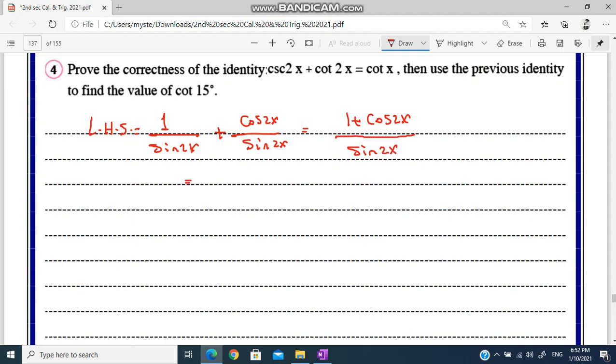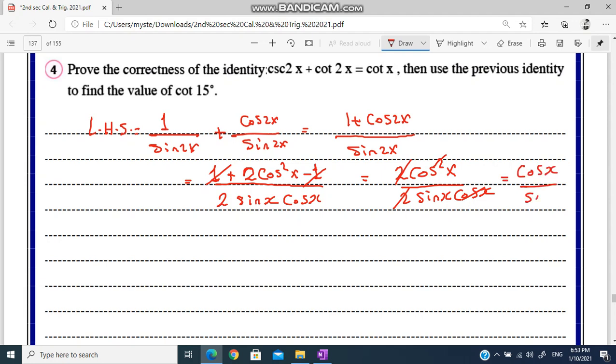Expand cosine 2x and sine 2x. The first, 1 plus cosine 2x, will be 2 cosine squared x minus 1 plus 1, over sine 2x, which will be 2 sine x cosine x. The negative 1 cancels with the positive 1, so 2 cosine squared x over 2 sine x cosine x. Cancel 2 with 2, and cosine squared over cosine leaves cosine x over sine x, which equals cotangent x, the right hand side.